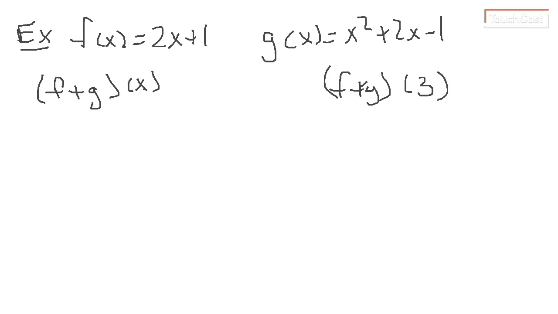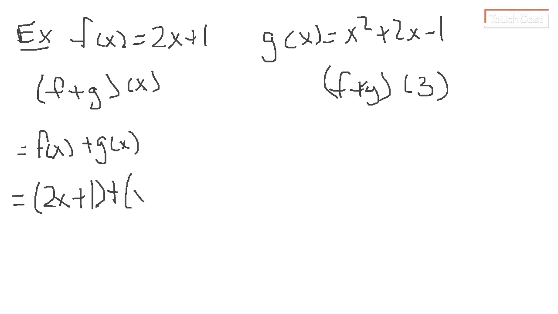Let's start by just finding f plus g of x. And from our last slide, f plus g of x is equal to f of x plus g of x. And we know what f of x and g of x both are, so let's just replace them in our equation. We will have 2x plus 1 plus x squared plus 2x minus 1.